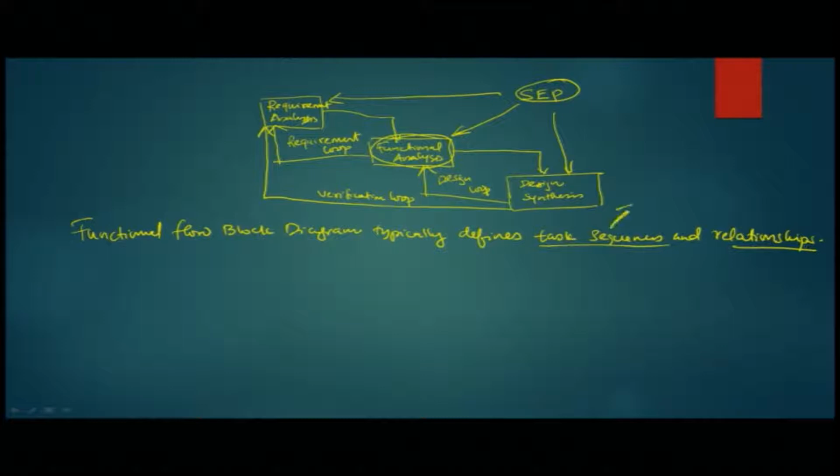Task sequence implies the order in which the tasks need to be completed or conducted. So the specific order in which you complete or sequence a task, that is one. And then also the relationship between the tasks, which task is related to which, that is another thing.